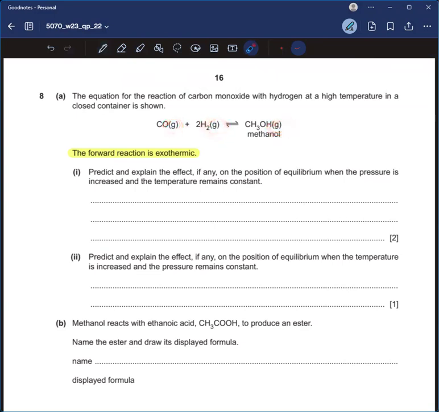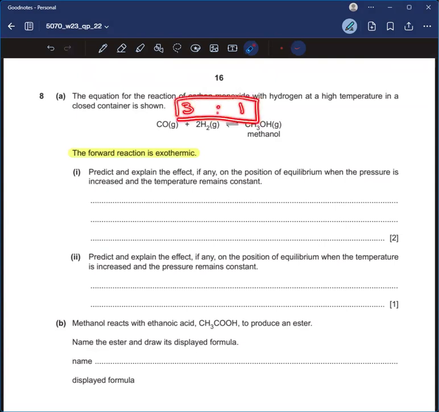Hydrogen is 2 moles and carbon monoxide is 1 mole, so total will be 3 moles at the reactant side, and methanol is 1 mole at the product side.